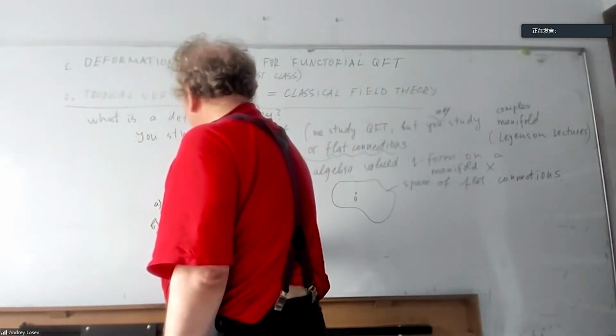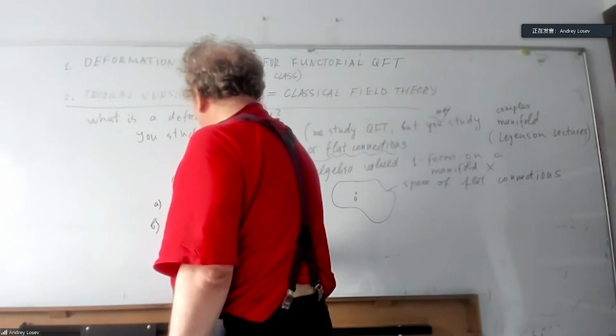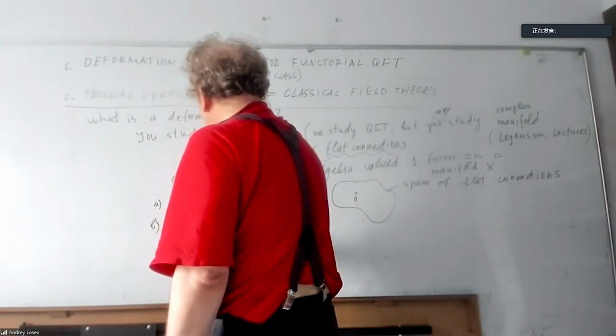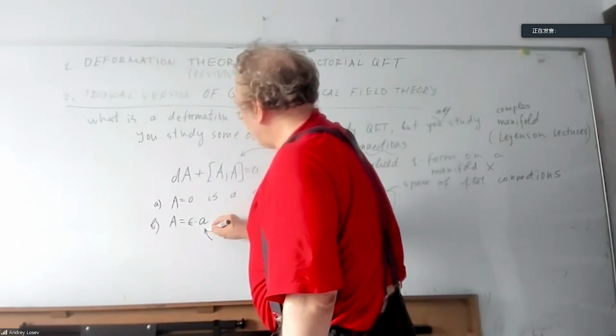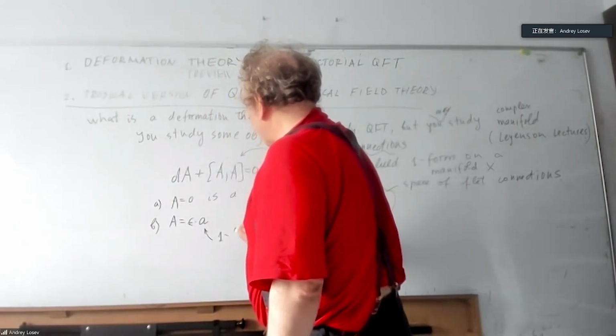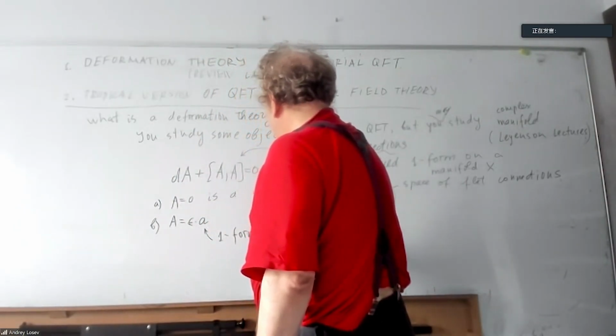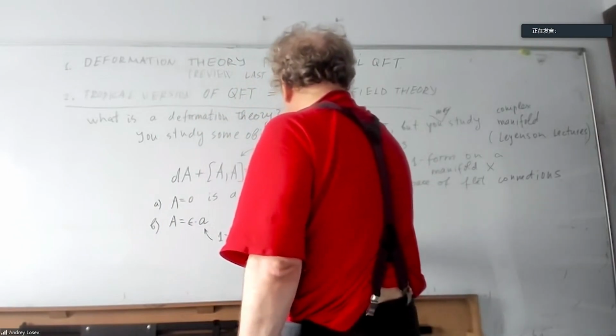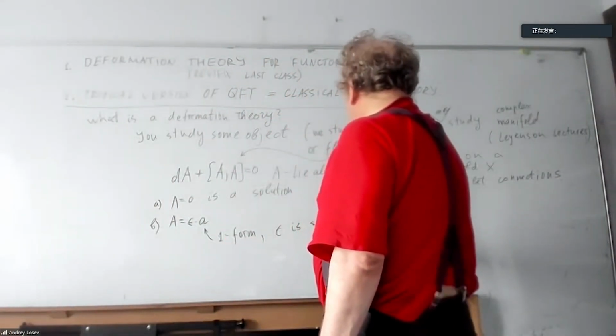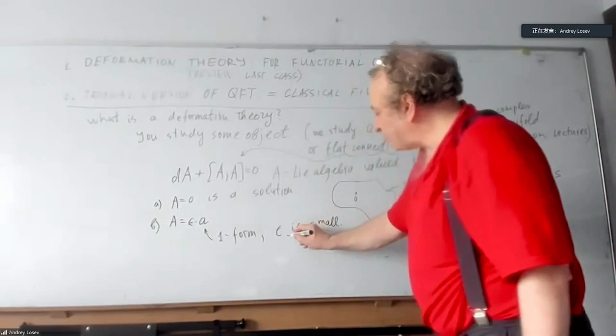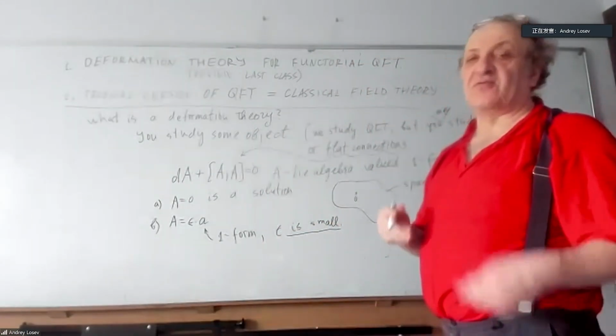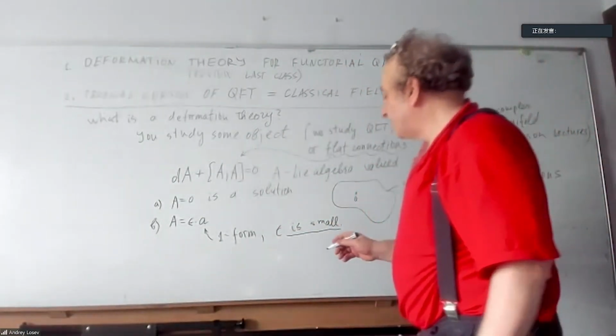Take A to be epsilon A, where A small is a 1-form. Epsilon is small. So epsilon is small is how physicists are saying it.